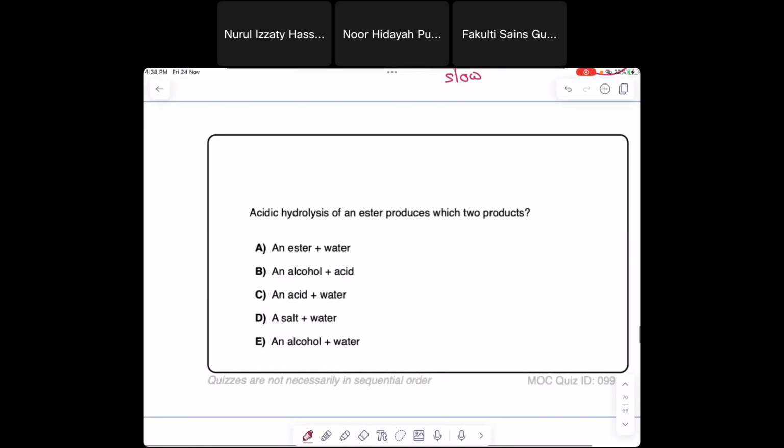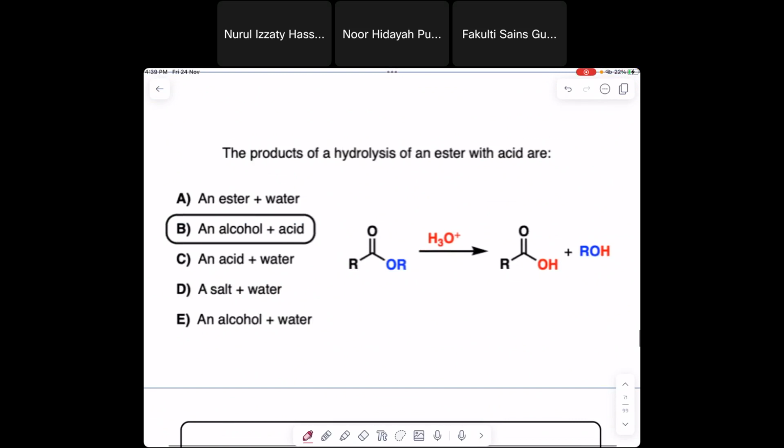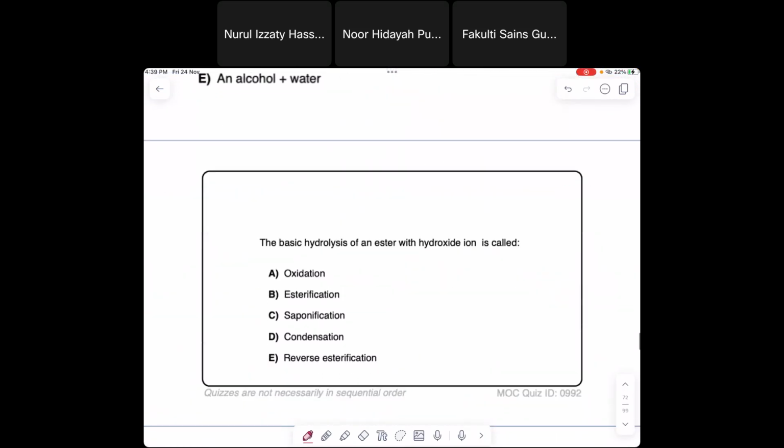So hydrolysis of ester, you get an acid and alcohol. Ni reaction dia. And the basic hydrolysis of ester kita panggil saponification. Yang ni selalu, I hope tak adalah siapa-siapa yang confused lagi from today's lecture.